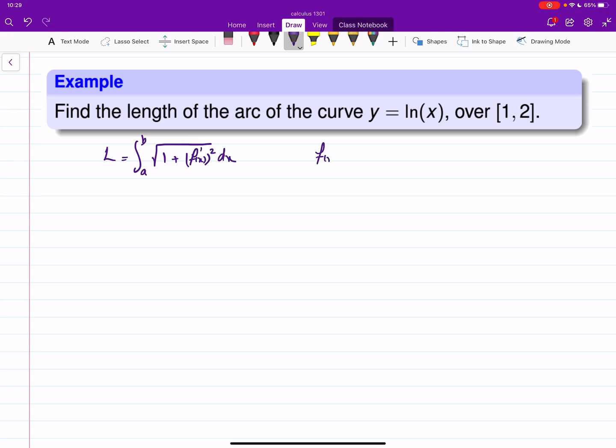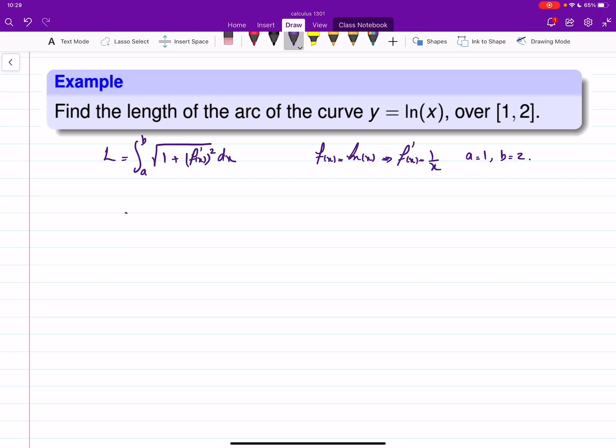Here the function is ln x. The derivative is going to be 1 over x. And it is a continuous function on the interval from 1 to 2.